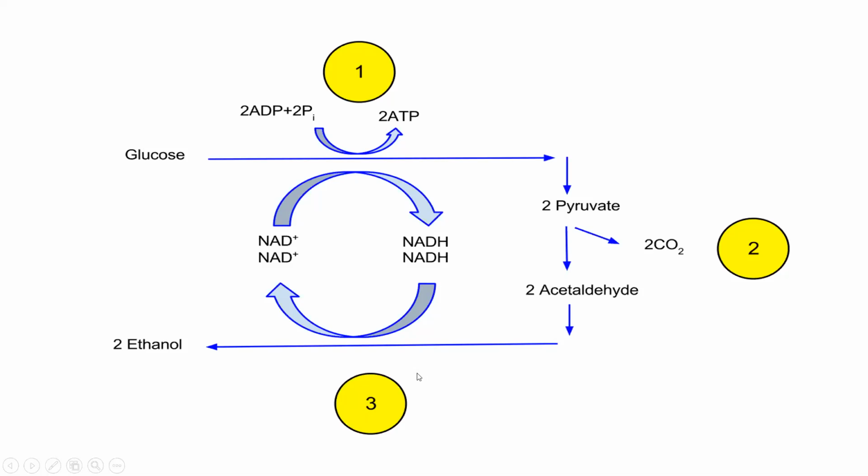And here, when the acetaldehyde is getting converted to ethanol, the reduced NADH is again oxidizing to NAD positive, and this NAD positive, which is in the oxidized form, can be reused for formation of the pyruvate. So this cycle is going on.